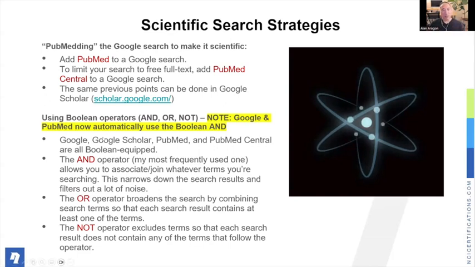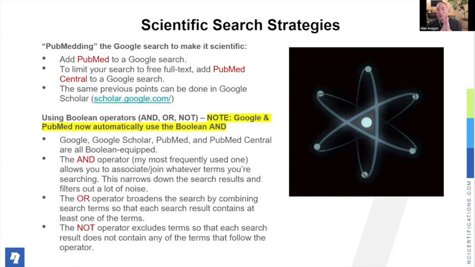Now, there is a particular set of operators or modifiers that you can use in a scientific search, and these are called Boolean operators. There is the Boolean AND, OR, and NOT. These are things that you type in caps in order to indicate that they are a search modifier.